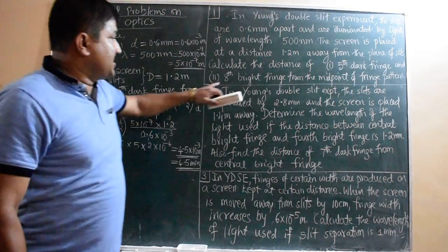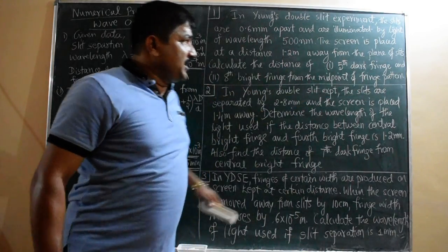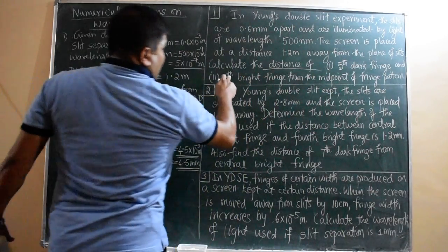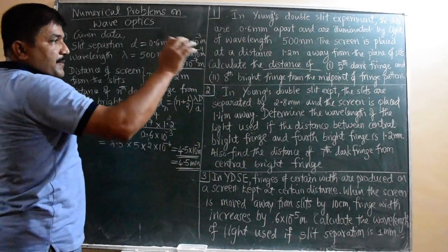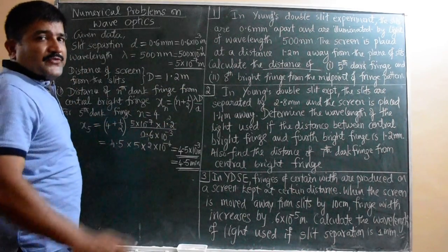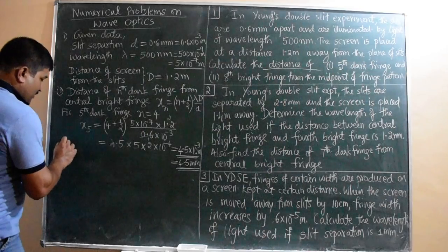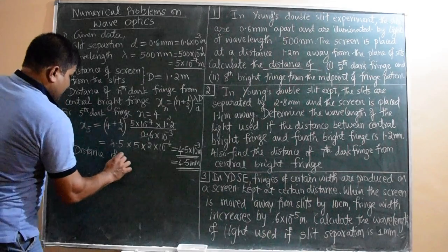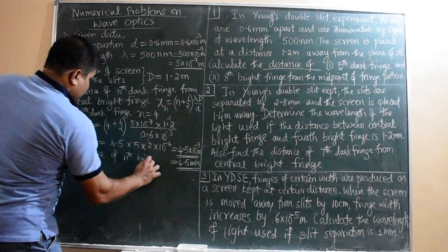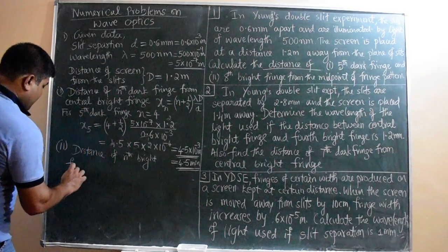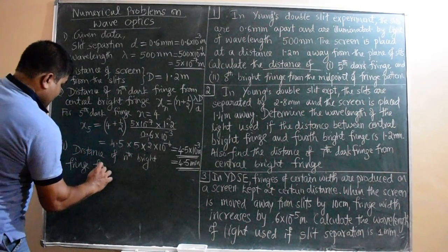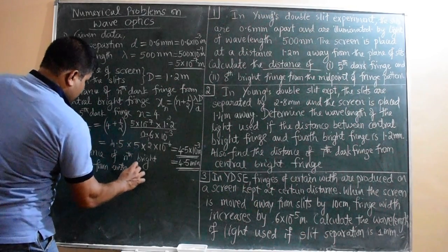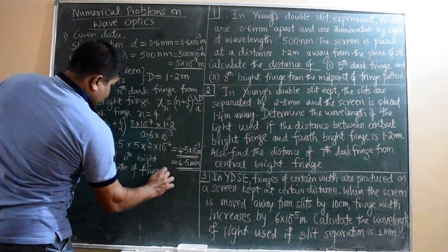Next, the second calculation: the 8th bright fringe from the midpoint of the fringe pattern. You want to find out the distance here. So the distance of the 8th bright fringe from the midpoint of the fringe pattern, that is the center of the fringe pattern. For that the formula is the distance of the nth bright fringe from the center of the screen, or center of the fringe pattern.